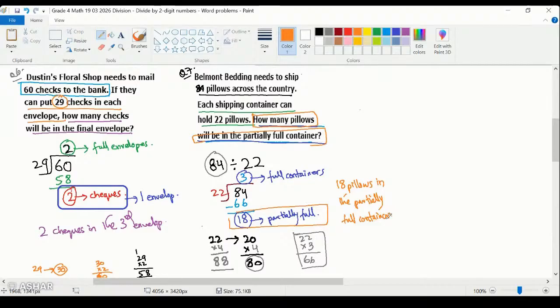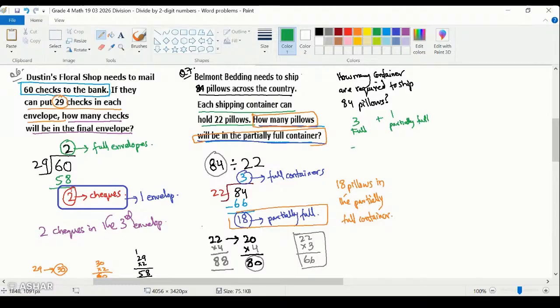Agreed? Okay, if I would add another part to this, if I would say how many containers are required to ship 84 pillows, we can say that 3 were full plus 1 partially full, right?